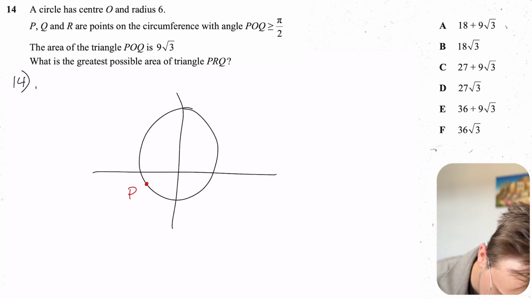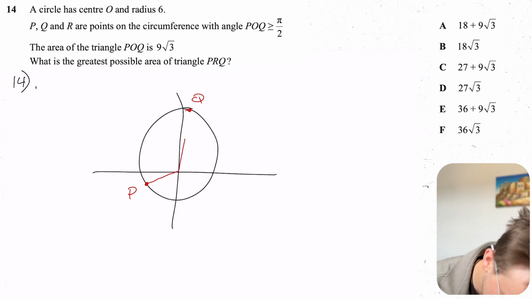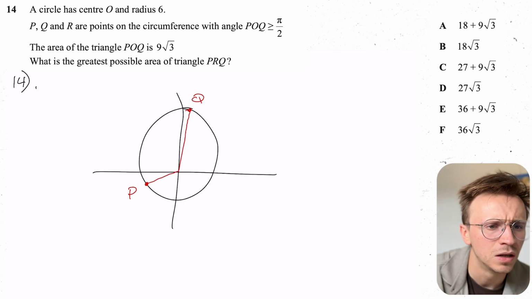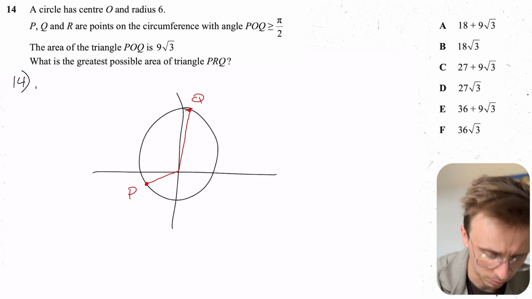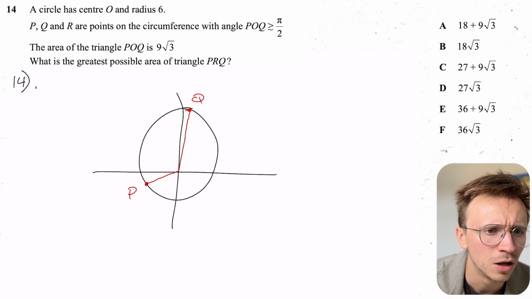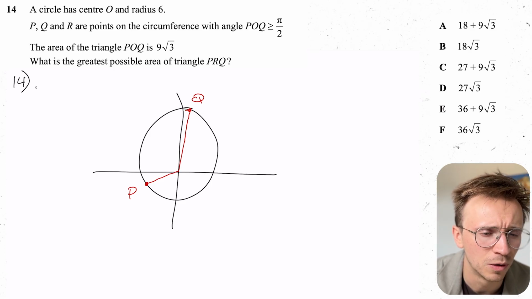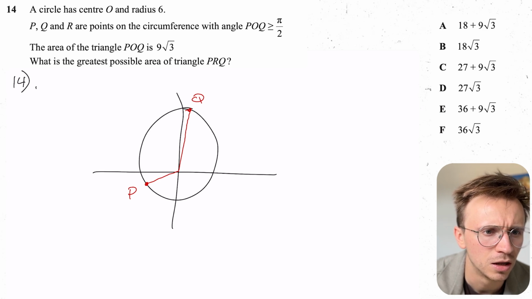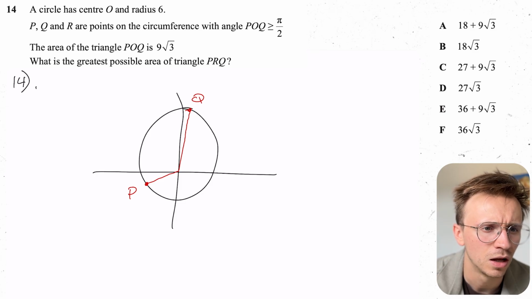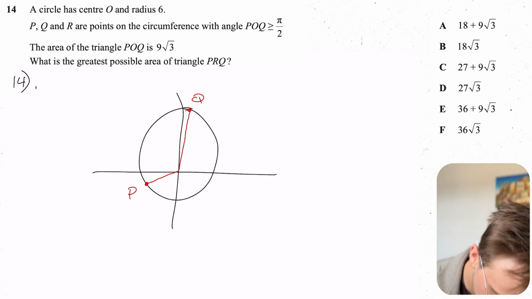So let's go P, and then let's go Q up here. Then that's POQ. And the area of POQ, I need R somewhere, but I haven't been told about R. On the circumference with angle POQ greater than... area of the triangle POQ is 9 root 3.